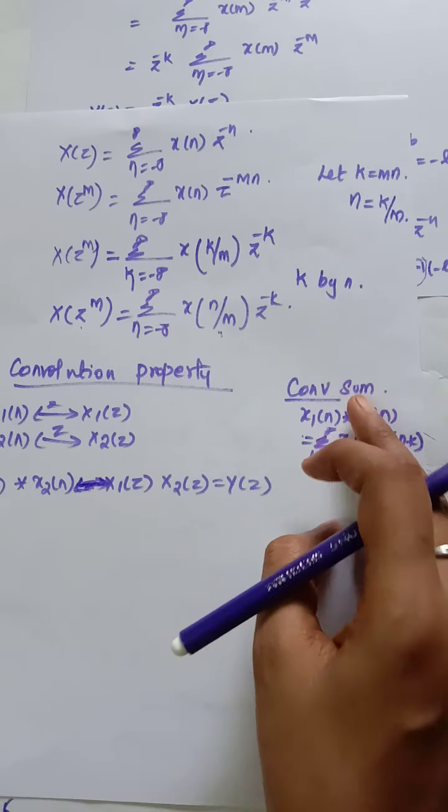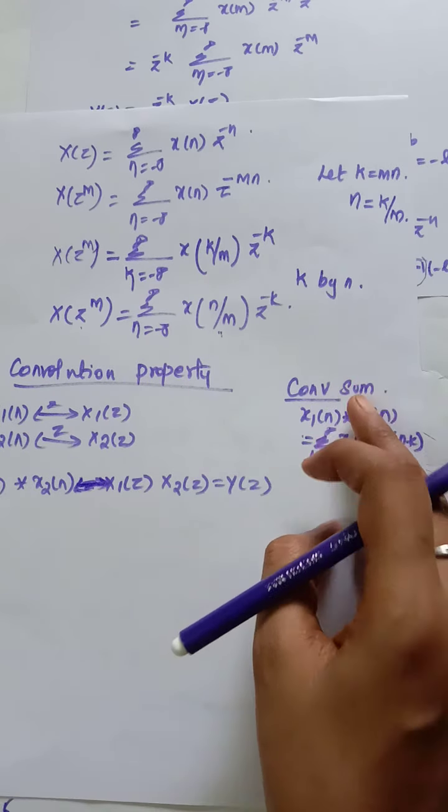So it is a different method of simplification. I have done this by multiplying with z power minus k into z power k. Now I have written this. So here we can change this summation, taking n minus k as m.